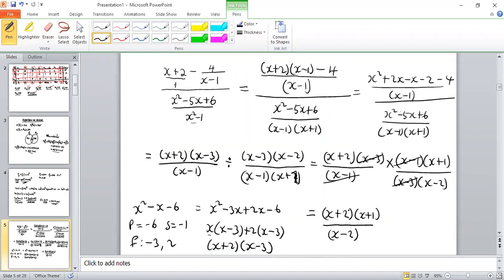So we have simplified. Any questions? It can't be further simplified. Any questions? No? Okay, if there are no questions, we progress.